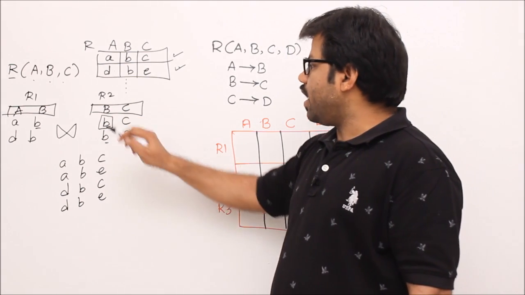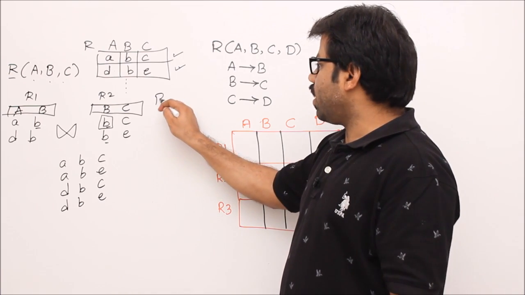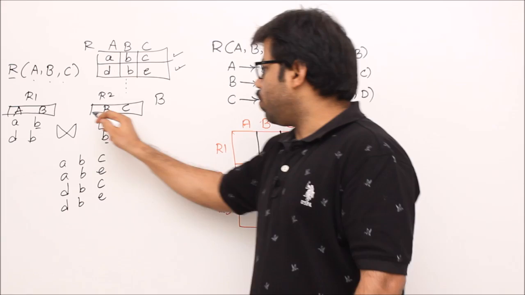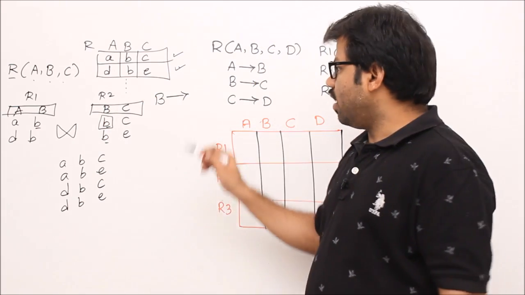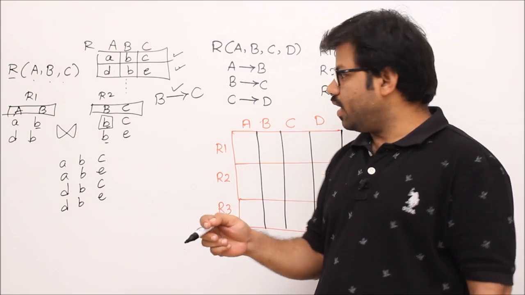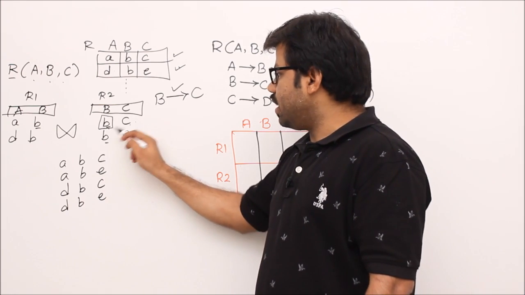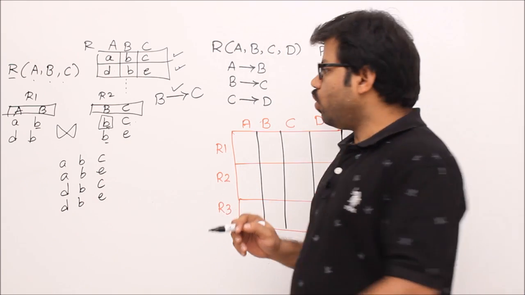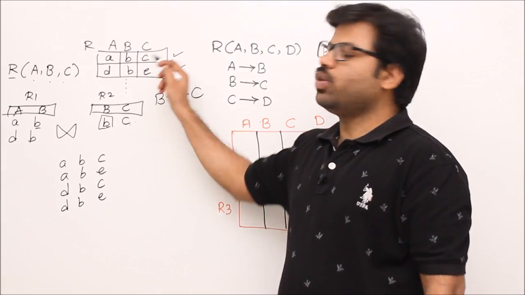If really that B attribute is a key attribute or super key, what I am saying is the common attribute B determines every attribute of, let's say, table R2, so B determines C. If that is maintained, then you never get this kind of data. That means you never get BC and BE. When you don't get BC and BE, there is no question of getting spurious tuples.